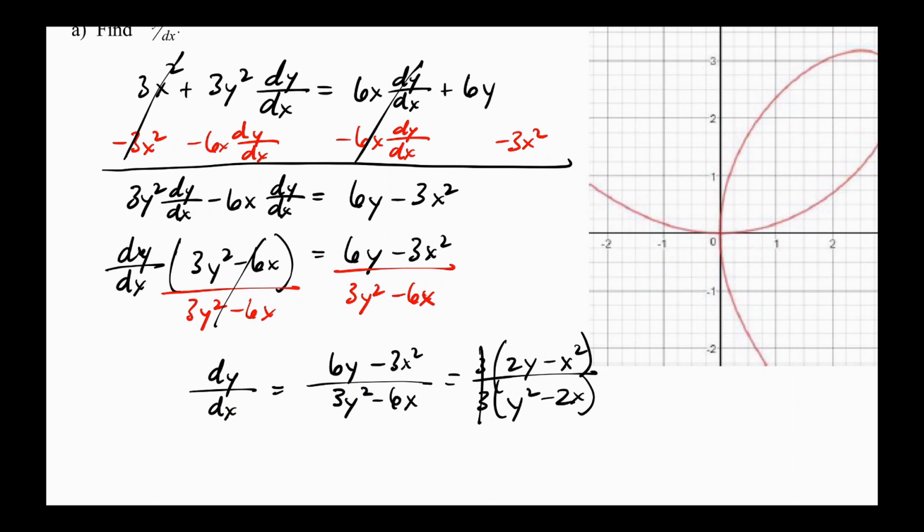All right. So we found the derivative, isolate dy/dx. 3x minus 3y squared. Did you do the same steps as me, or did you do something different somewhere?